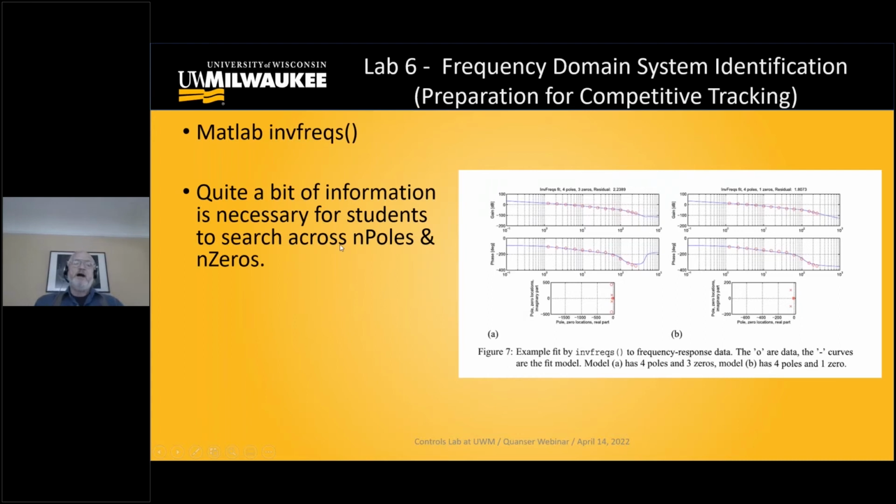Okay, so our next lab, Lab 6, is devoted entirely to system identification. It's really preparation for the competitive tracking challenge, which is Lab Part 7. The students will, first off, begin using the system observing its position variable rather than velocity.